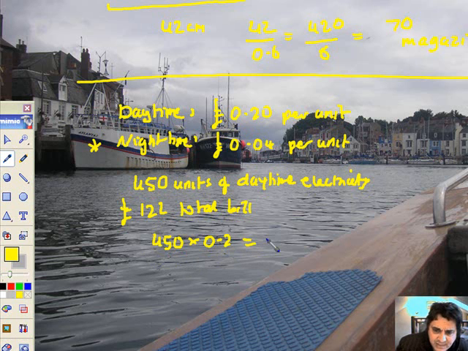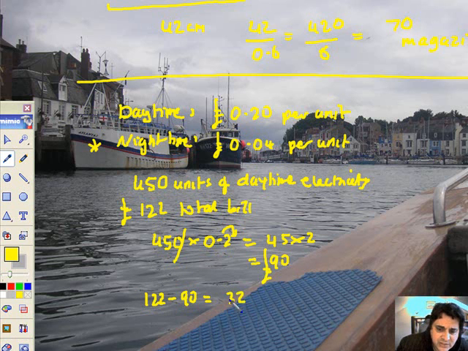Well, it looks terrifying, doesn't it? Well, if we call it 45 times 2, sort of borrow the 10 from that and give it to that, just move it over, we have 90 pounds of daytime electricity. So what have we got so far? We take 122, then we go minus 90, that leaves us 32 pounds left to spend at night.